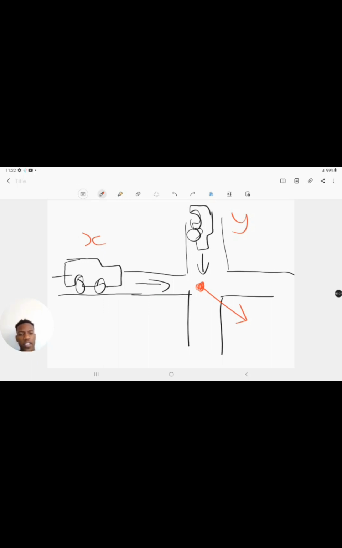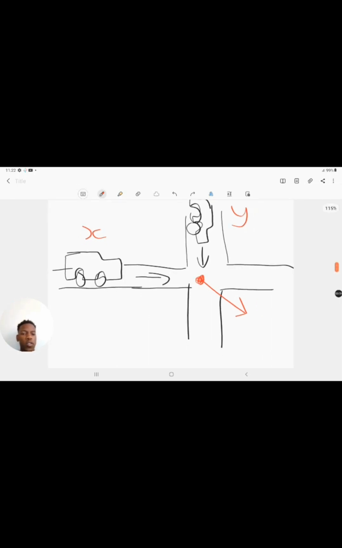Now, how would you handle this situation? Well, remember the law of conservation of momentum.